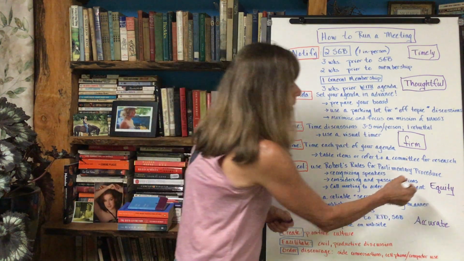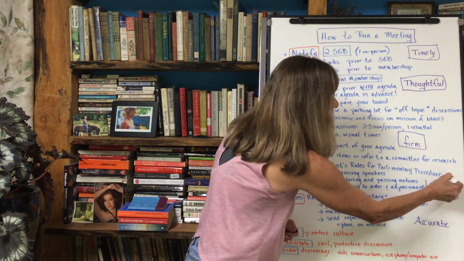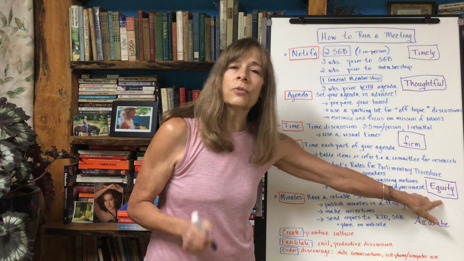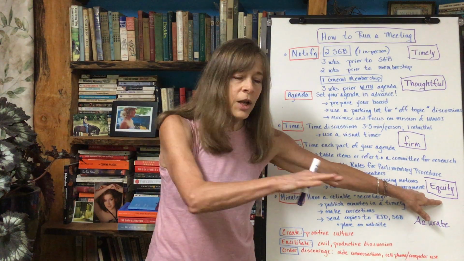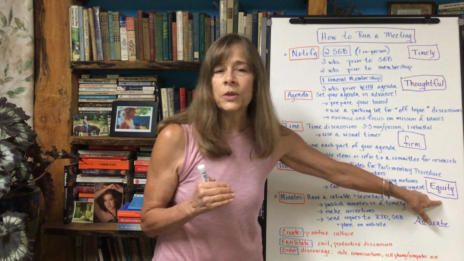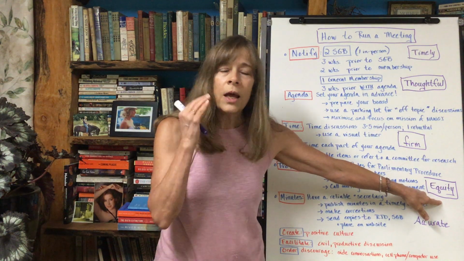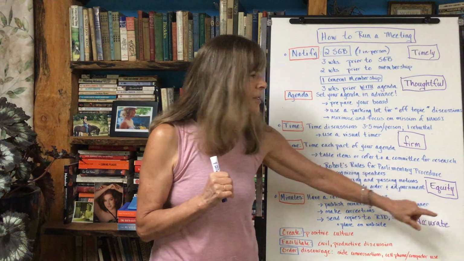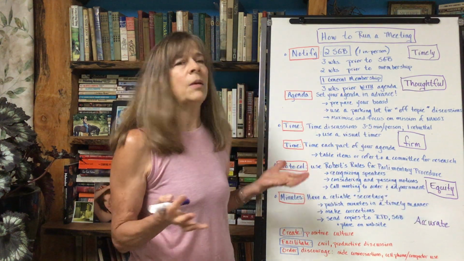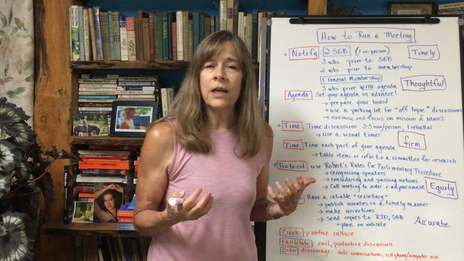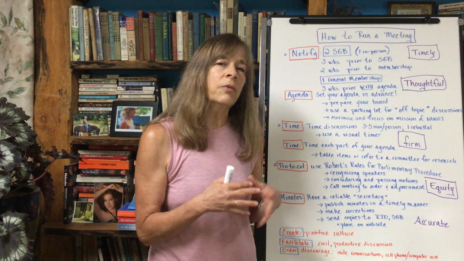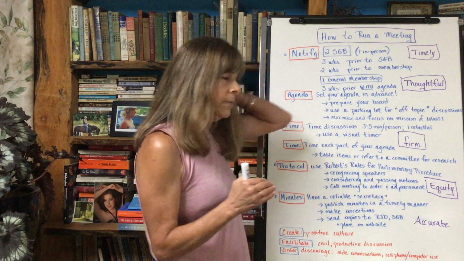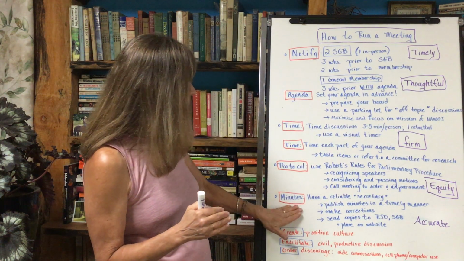And always when you're talking about protocols at a meeting, the thing that you are looking for is to have equity for all members in that meeting, so that everyone feels heard, everyone feels like they had a chance to contribute, and everyone feels like their viewpoint was considered. Okay, so that's something that makes everybody feel warm and fuzzy after a meeting, when you have achieved giving everyone that feeling of equity. Okay?